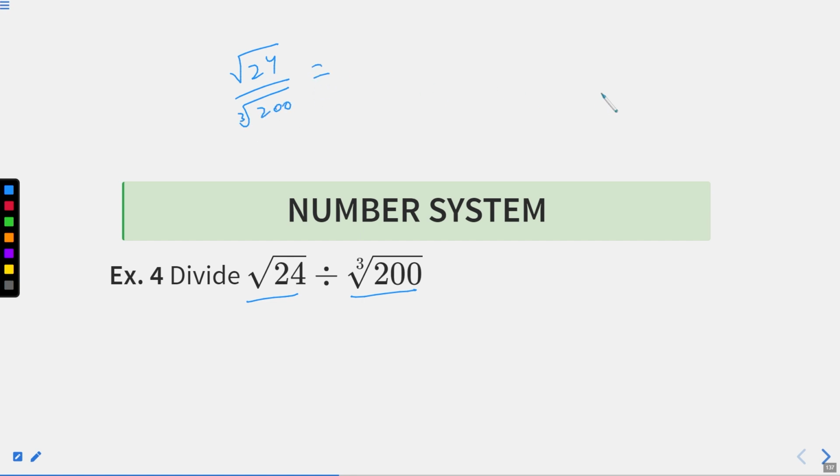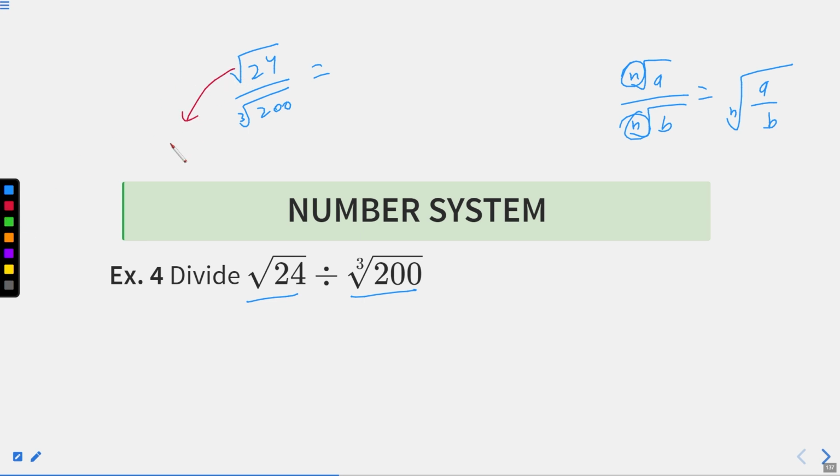So if you remember the nth root of a divided by nth root of b, I can rewrite as a upon b nth root, but only when these values are same, when these values are same. So to have the same orders, what we do, we'll just use the LCM method.